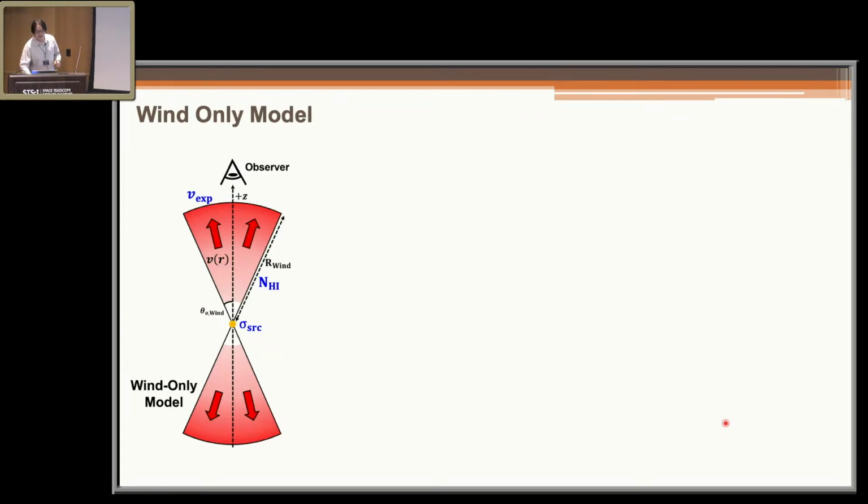So let's start with the wind-only model. The main parameters that determine the Lyman alpha profile are three: the intrinsic width of the Lyman alpha, the H1 column density of the wind, and the outflow velocity of the wind.